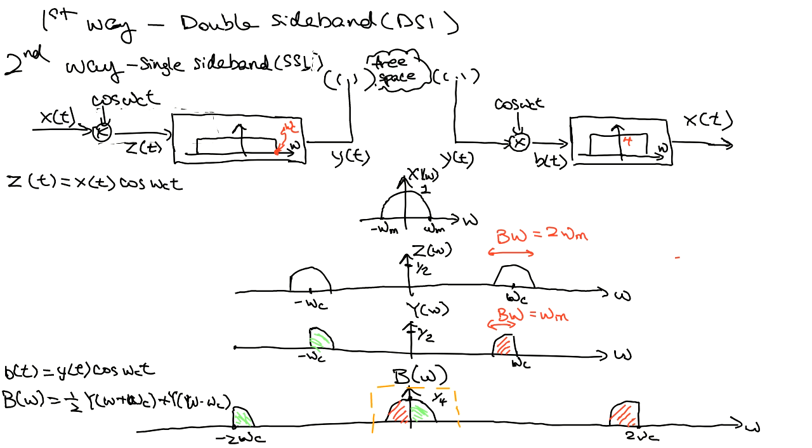So therefore, single sideband actually saves bandwidth by a factor of 2.